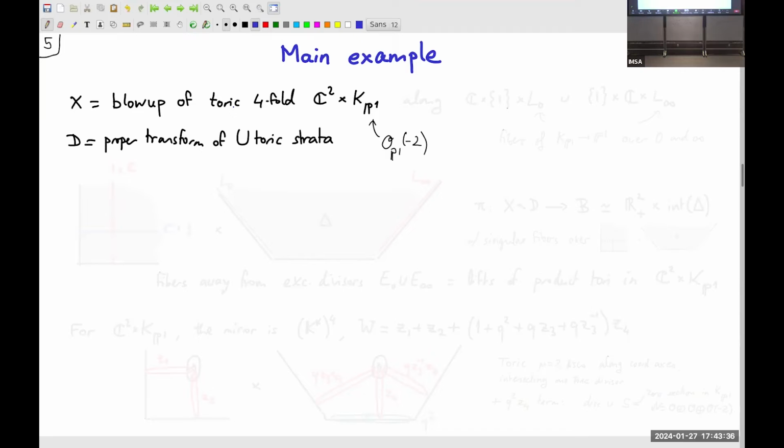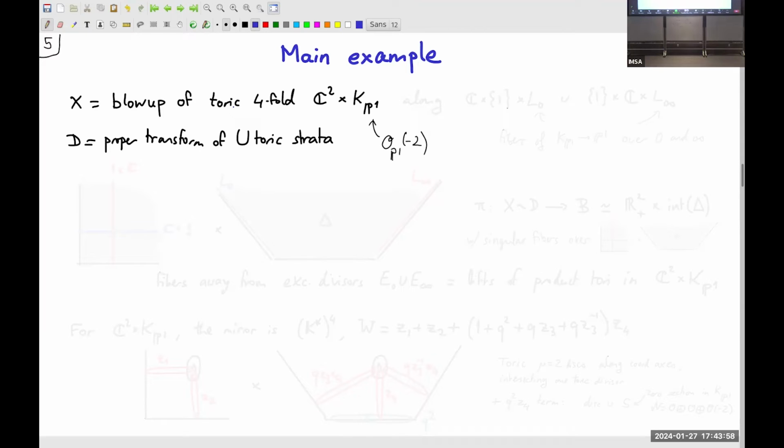My example is going to be a fourfold obtained by blowing up some toric variety. I picked something where I suspect the Fukaya category will be trivial because I can do all the calculations there. You can compactify this example to something more interesting if you want to. It will just produce larger formulas that I don't want to show you.